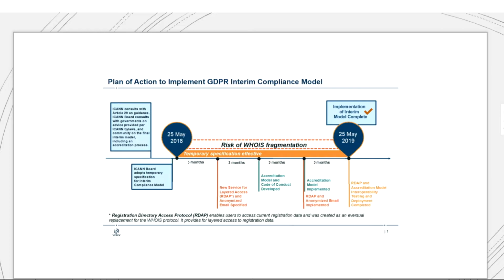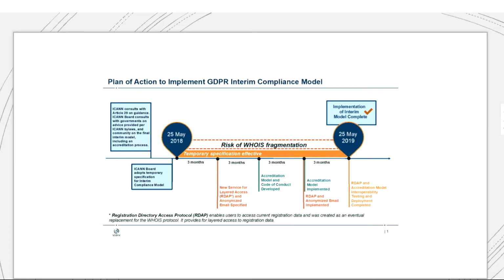Given that those contracts are in place, ICANN has been motivated to put some kind of interim compliance model in place before the 25th. It's gone through a number of different revisions, but basically entails collecting the same data that we've been collecting, and then trying to come up with a tiered access system for getting at that data.